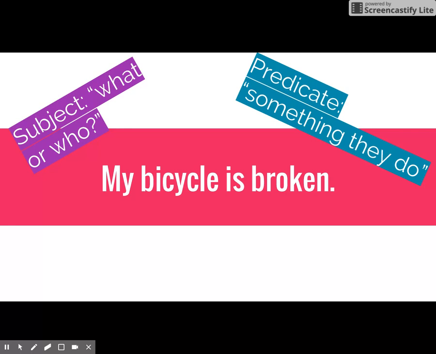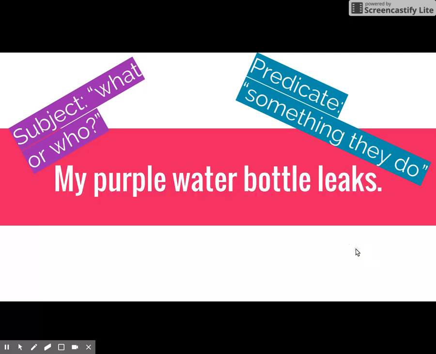What's the subject? What's the predicate? All right, the subject, or what's highlighted in purple, is my bicycle. And then the predicate, the something they do, that's highlighted in blue, is broken. So my bicycle is broken.